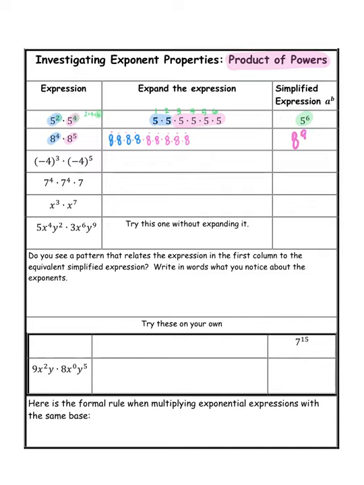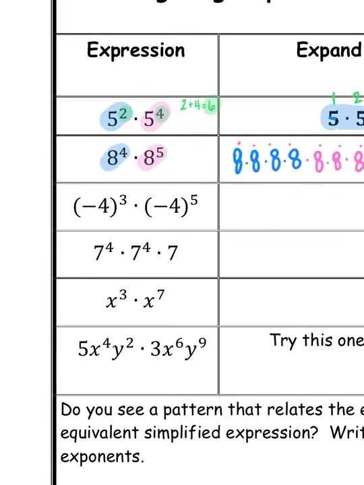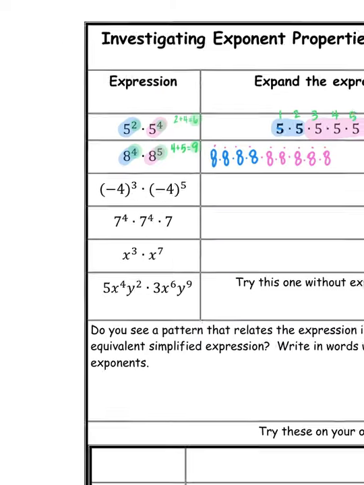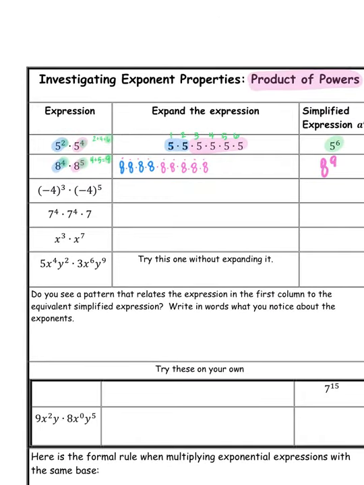That is what it would look like as a simplified expression. Now, if I go back, instead of having to write it all out in expanded form, all I'm doing is again taking my exponent of 4 and my exponent of 5 and adding them together. So 4 plus 5 equals 9. And that's going to be my final exponent with that base of 8. So that 9 is right there.